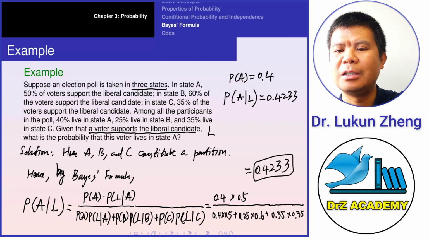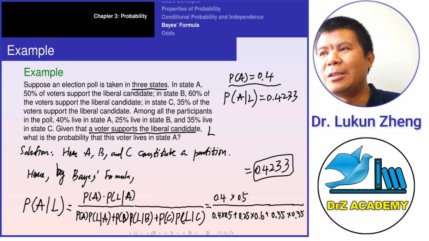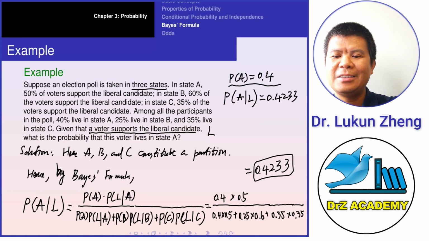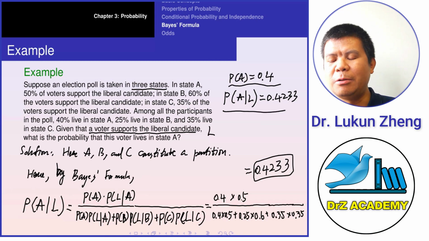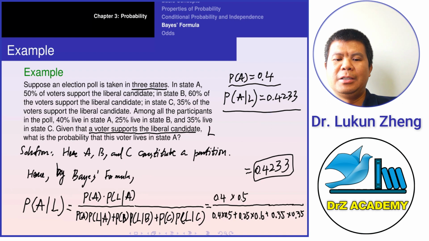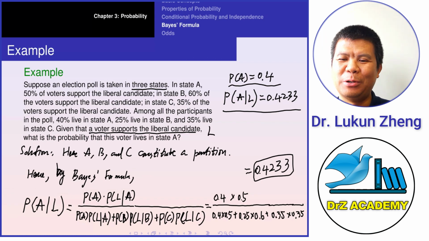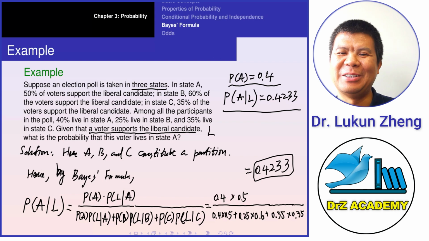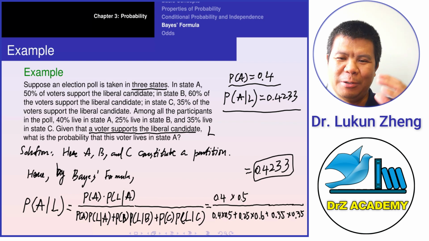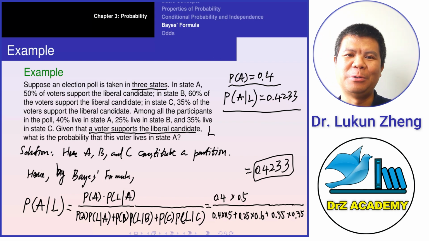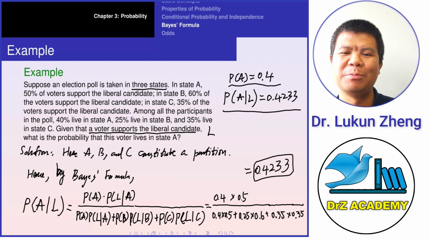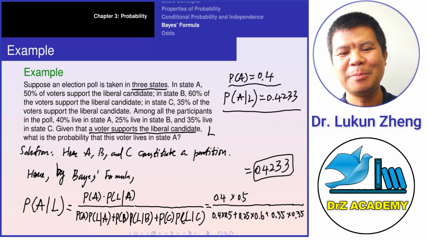This is the prior probability, and this is the posterior probability, given that the voter supports the liberal candidate. Now the probability of A became 0.4233. So that's what we have for the prior and posterior, the Bayes theorem, or Bayes formula.